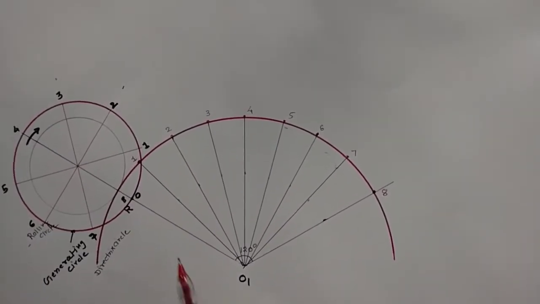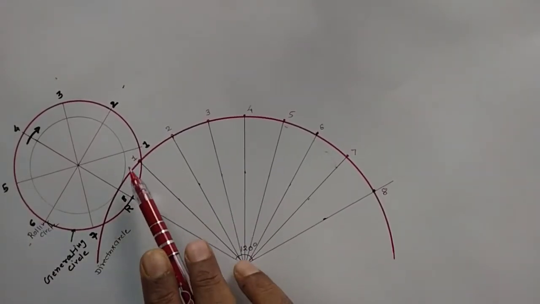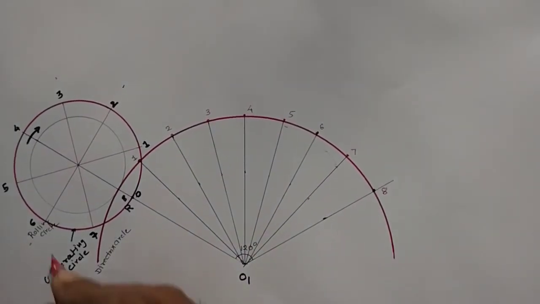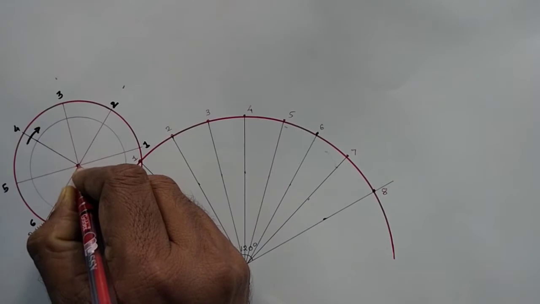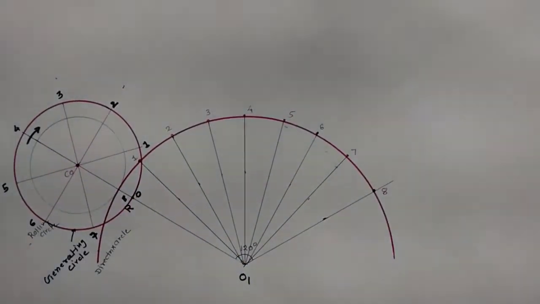Now you divide your directrix circle and mark your points on the directrix circle. Then you have to find out your centers. So first we have the initial center C0. From this center, first we draw the arc.